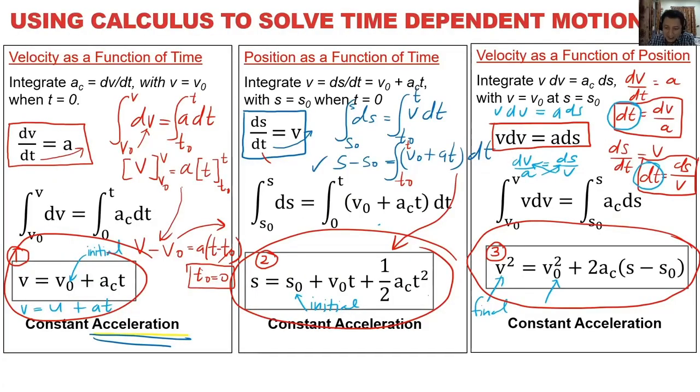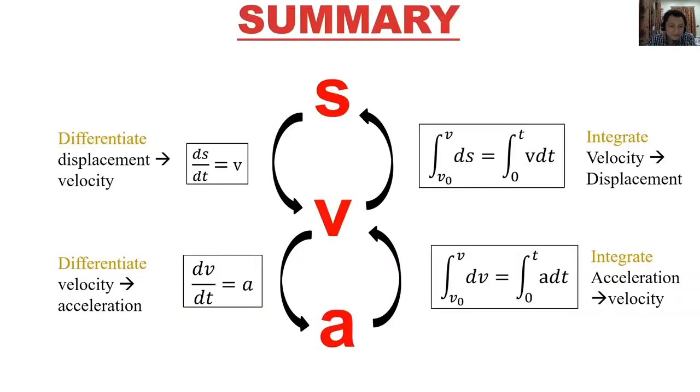Or you just look at the last page where all the formulas are given to you. Okay, so as a summary, you have displacement. If you want to find velocity, you can differentiate displacement and you're going to get velocity. If you differentiate again, you're going to get acceleration.